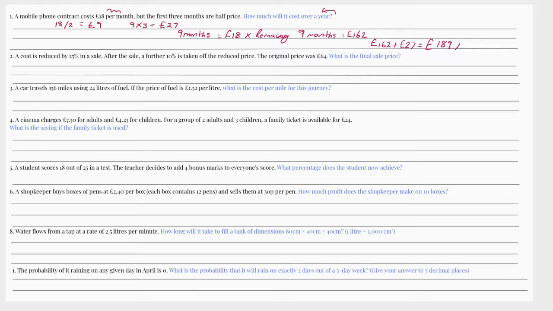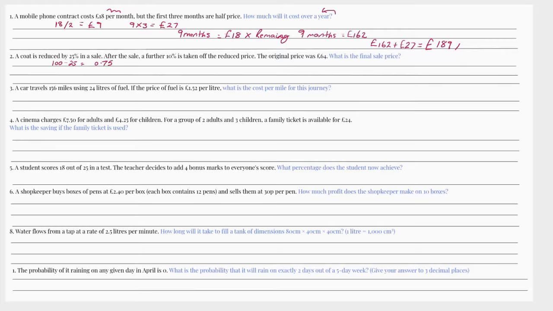So what I'm going to do is sort this reduction out first. Because I know it's reduced by 25%, I know we have 0.75 left.